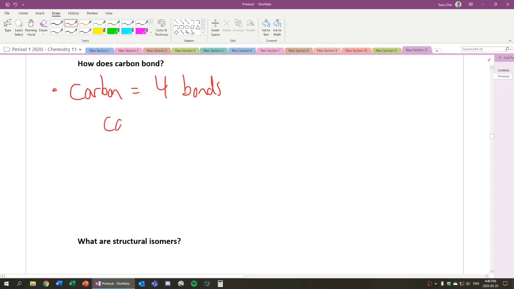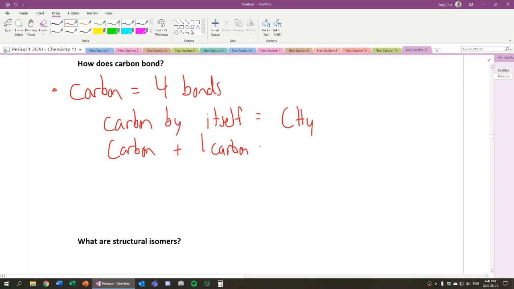If it's just carbon by itself, they will be CH4. If it's carbon plus 1 carbon, they will be CH3.